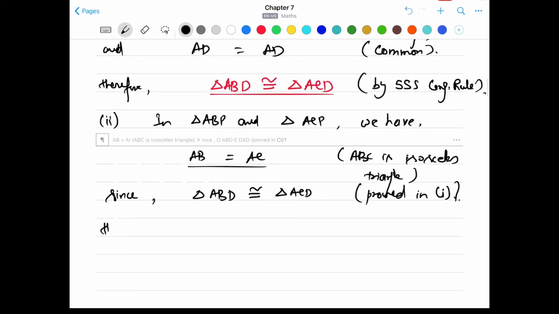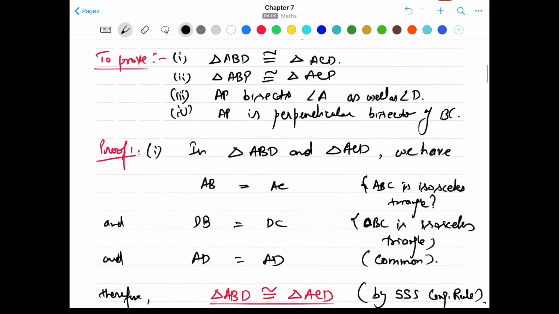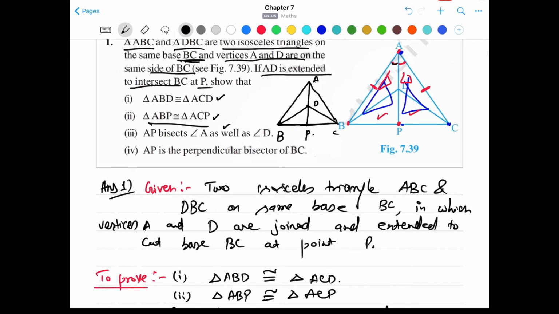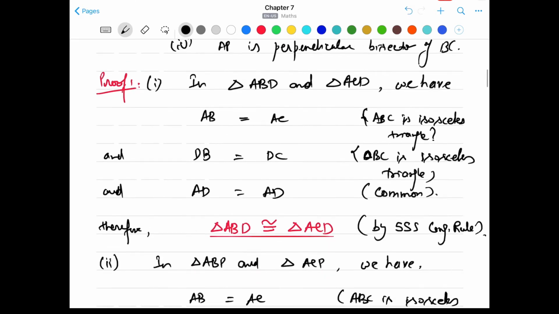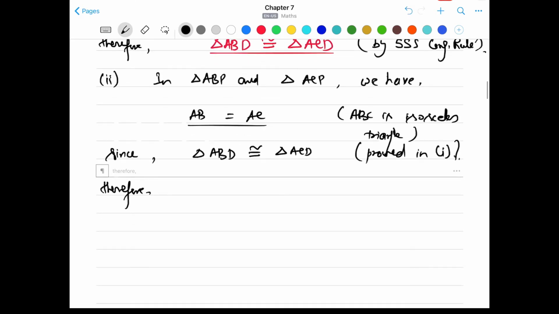Therefore, their corresponding angles, these two angles, will be equal. That is, angle BAD will be equal to angle CAD, because they are corresponding parts of congruent triangles, CPCT. As we know, the corresponding parts of congruent triangles are equal.